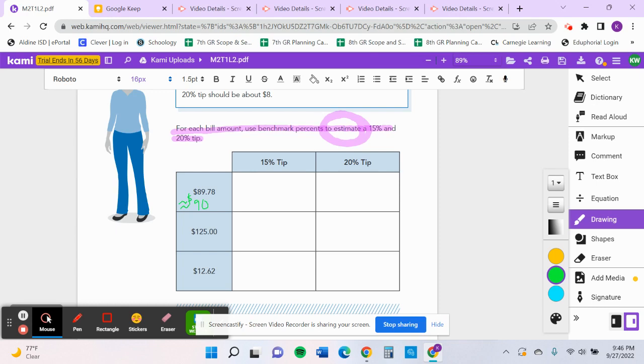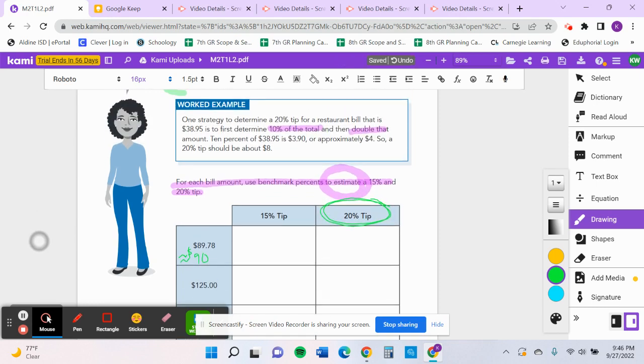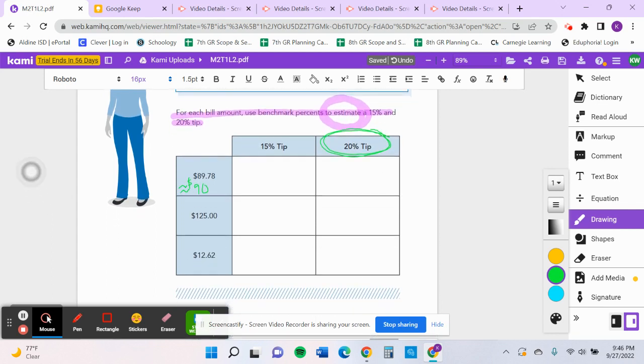Then I'm going to start with the 20% tip first, just like the worked example. I'm going to figure out what is 10% of $90, and then double it. I know that 10% of $90 is $9, and $9 times 2 gives you $18, so I know that this tip is going to be $18.